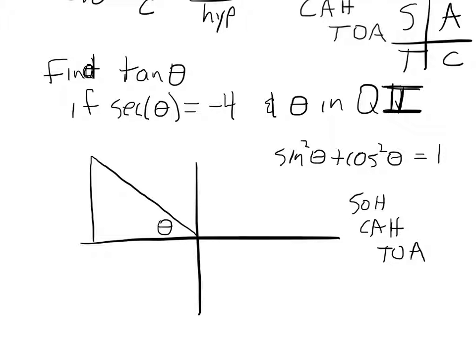Let me put over 1 on this problem, because we're finding that secant, hypotenuse over adjacent, that's going to be -4 over 1, or 4 over -1. It is 4 over -1.